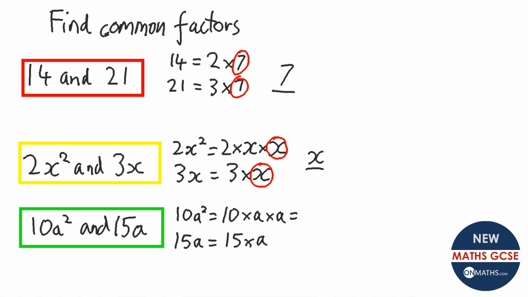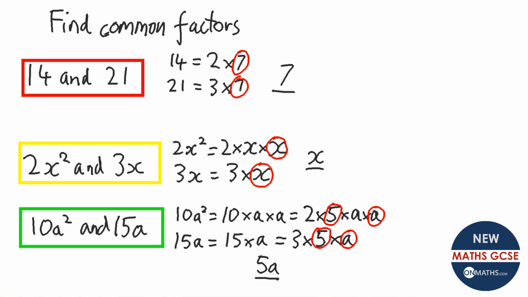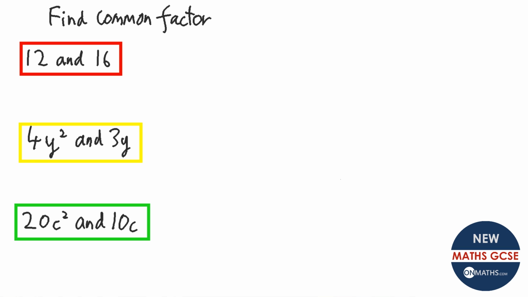But that 10 is 2 times 5, so it's 2 times 5 times a, and that 15 is 3 times 5 times the a. So we've actually got the a and the 5. So our common factor is 5a. Okay, have a go yourself.